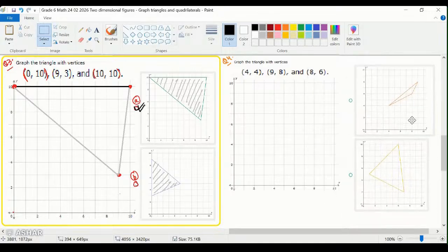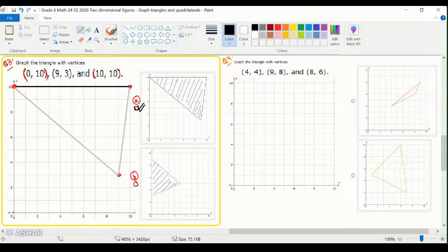Okay. We have two options, option A and option B. I'll redraw this so that you can see what is the answer. This, this, and this. The second option was this, and this, right?